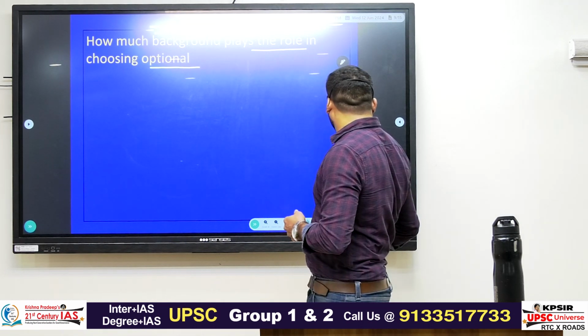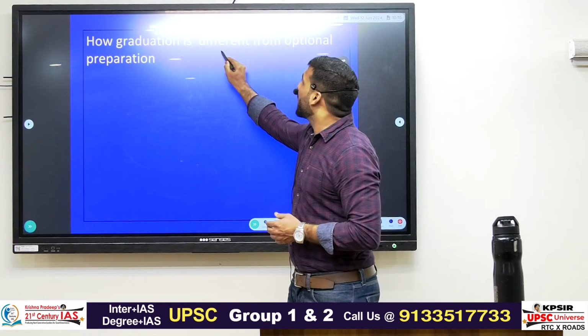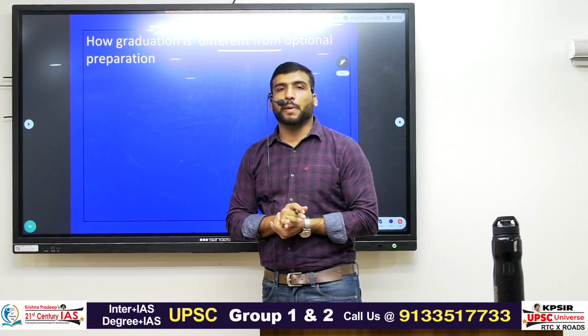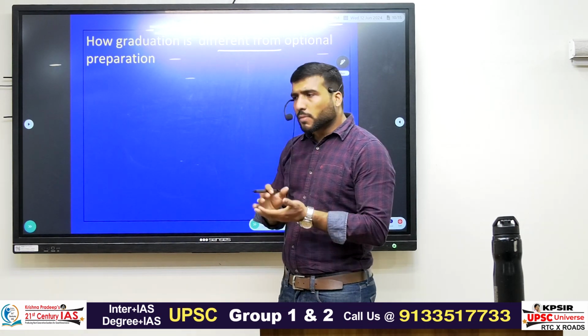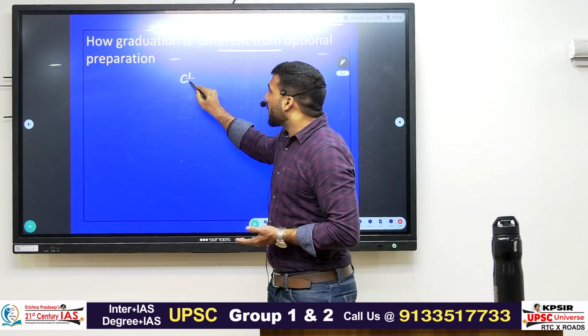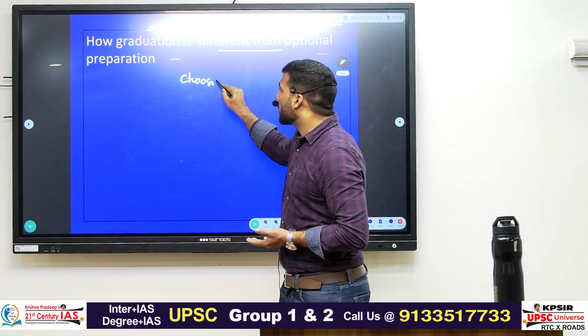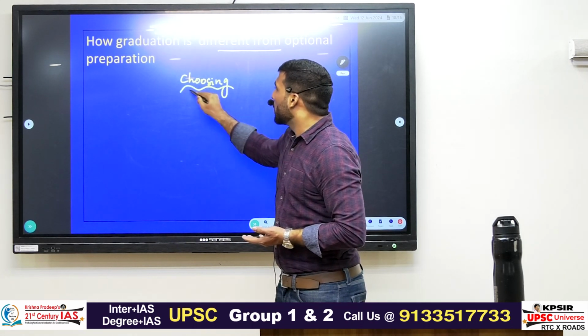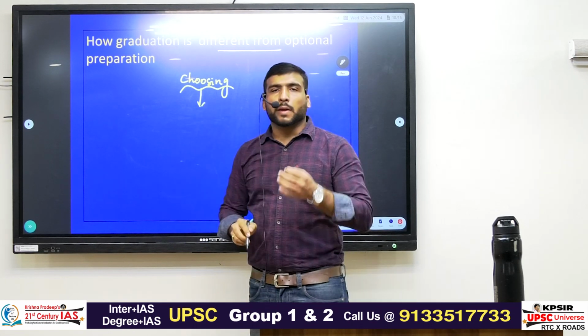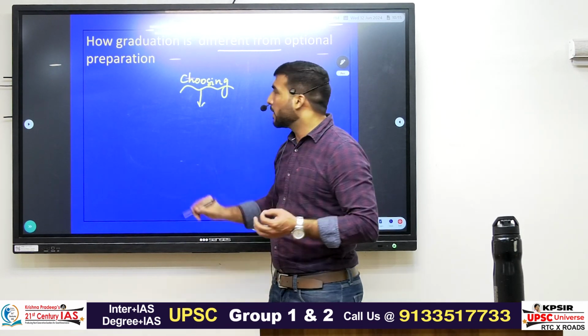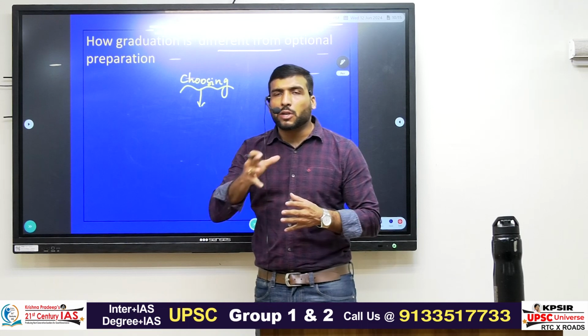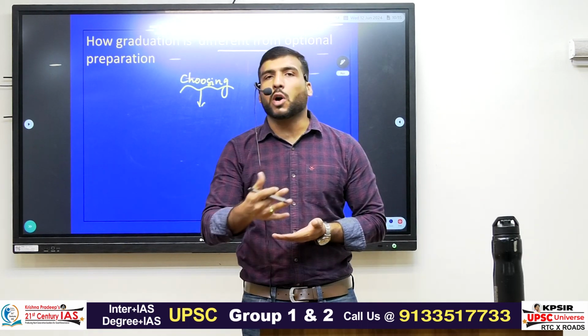And the next important thing that you have to understand is how graduation is different from optional preparation. Basically, in choosing maths optional, you have to have a clear-cut strategy on whether the chapters mentioned in your maths optional are clear to you or not.